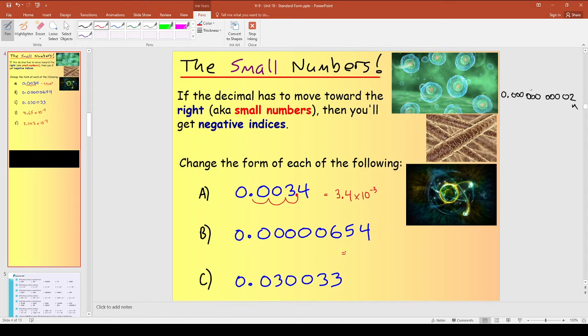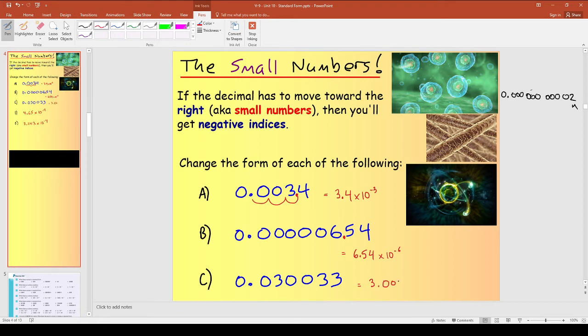Similarly, this one here, the number for sure is 6.54 because you want the decimal after the first digit. And how many steps are there? 1, 2, 3, 4, 5, 6. So it's times 10 to the minus 6. This one here is a bit funnier because there's a 0 after the 3 also, but it's 3 point, and don't let it fool you, there are non-zeros down here too.